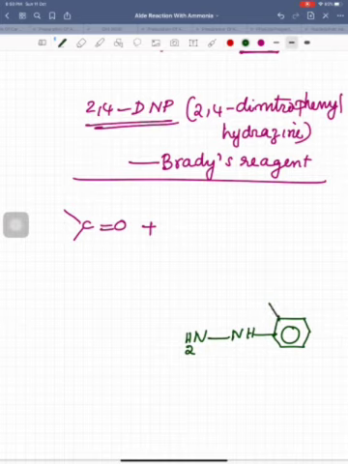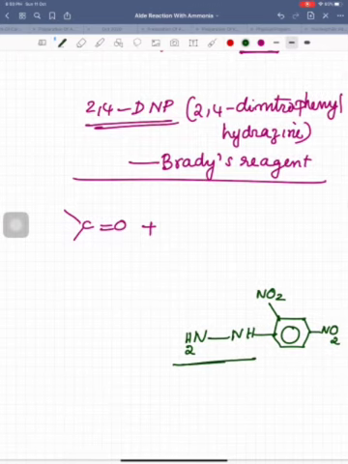This is 2, so in this position NO2, and 3, 4. So that means the hydrazine group with the phenyl group attached is phenyl hydrazine, and when there is an NO2 group in the second and fourth positions of that phenyl group, it is 2,4-dinitrophenyl hydrazine. This compound is going to add to the carbonyl group.